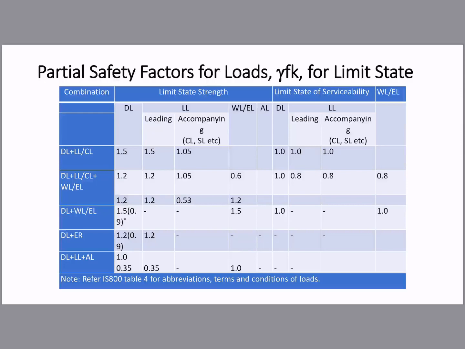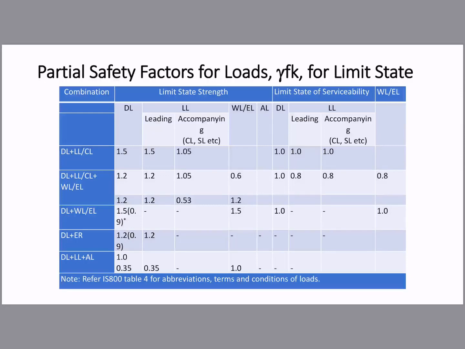That means even if unexpected loads come, the structure is able to withstand those forces. That's why most codes, based on research and practice, suggest some factor of safety. This needs to be applied during the analysis stage in order to get the ultimate forces, and those forces need to be designed for.